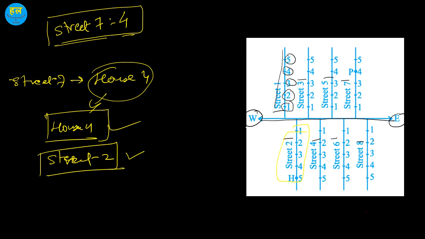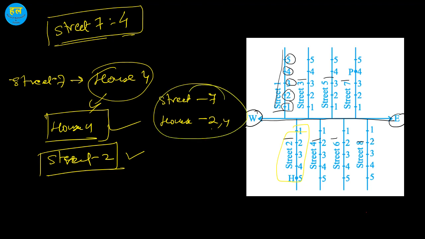That is, we need to have the street number, that is 7, and then the house number, that is 2 or 4, anything. So we can locate it easily. Like here we have located street number 7, house number 4.